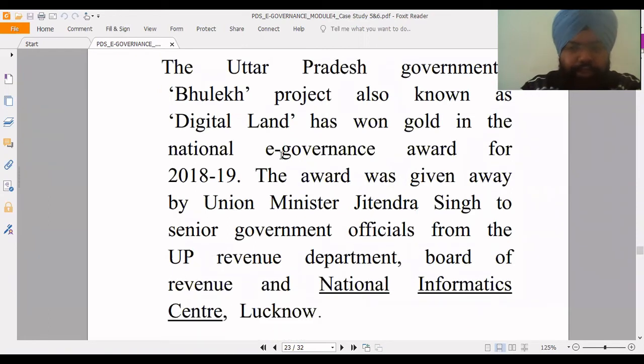So, the Uttar Pradesh government's Bhulekh project, also known as Digital Land, has won gold in the National E-Governance Award for 2018 to 2019. The award was given away by Union Minister Jitendra Singh to senior government officials from the UP Revenue Department, Board of Revenue and National Informatics Center, Lucknow.